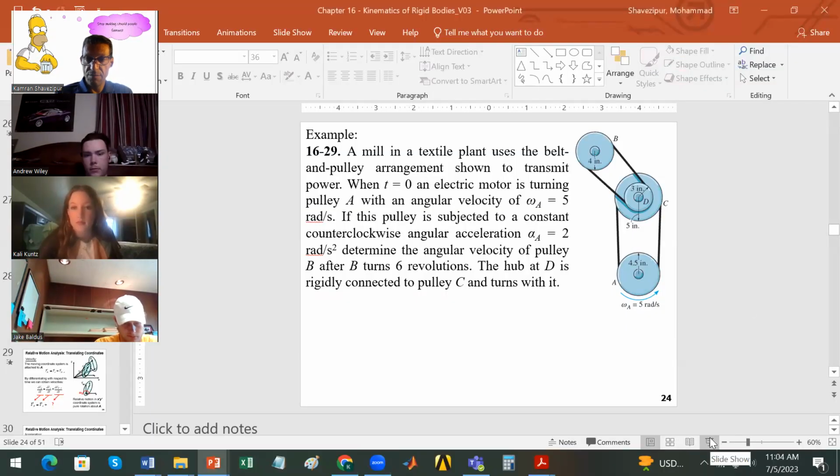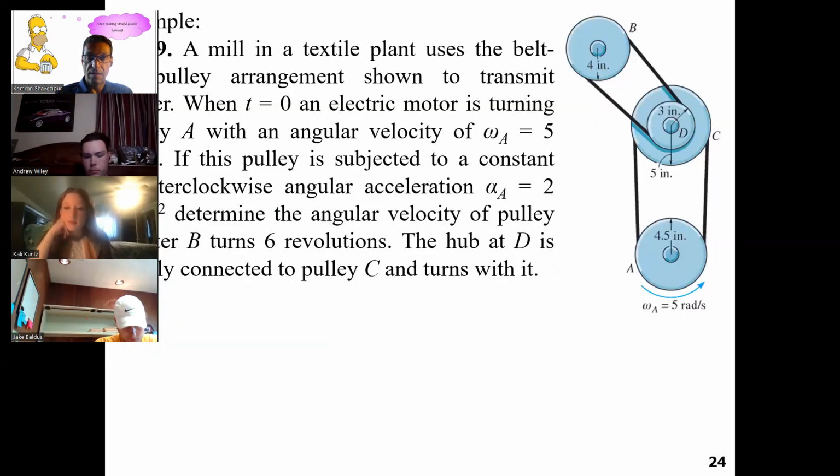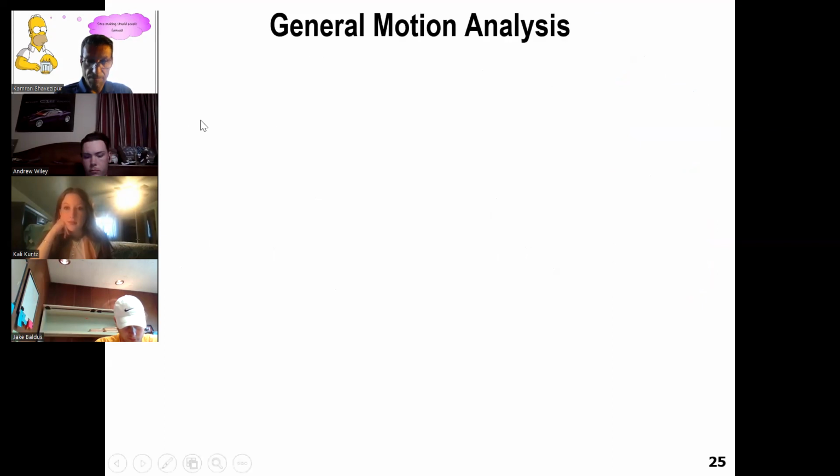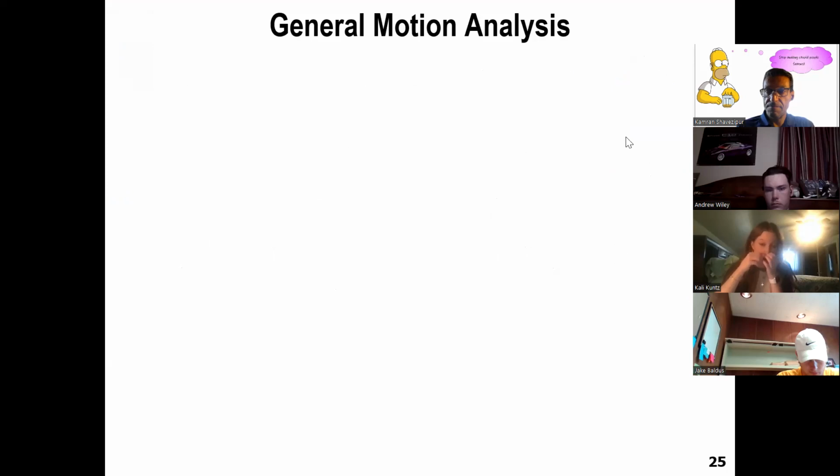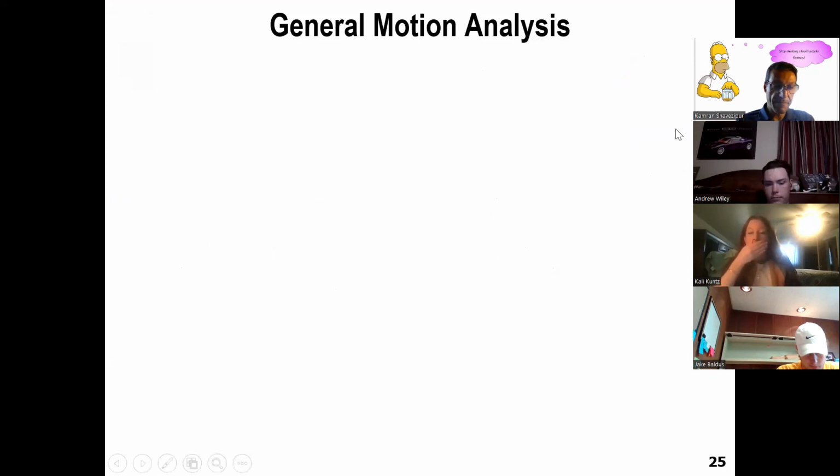Last time we did this problem, and now, if you recall, we talked about translation only and rotation only. For translation only, we learned that the motion of the rigid body can be expressed by a single point because it's not rotating. Every point technically has the same velocity.